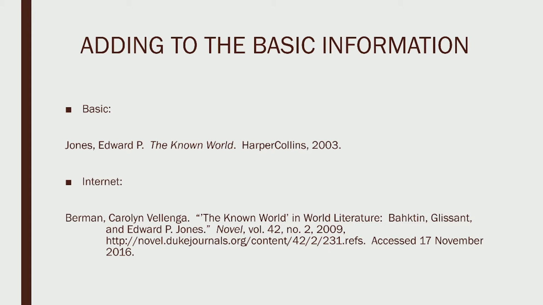And just know that there are any number of variations other than books and journals. Most of your sources should come from books and articles, but you may also have internet sources. For those, you'll be adding the URL, or the web address, and the date that you access the page, since web pages tend to change periodically. But the basic information, regardless of the form of your source, is author, title of work, publisher, date.